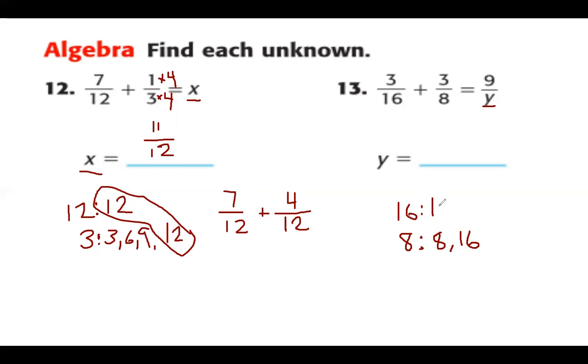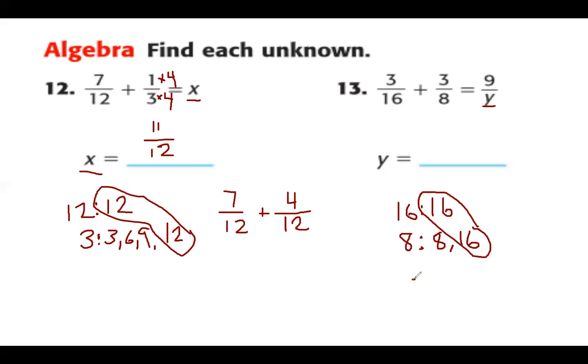Okay, so if my least common multiple is 16, I want you guys to think about, if I were to change this 8 to a 16, do I add my denominators when I get over here? No, my denominators always stay the same. So this is really all the work we have to do because they're only asking us for y. They already gave us the numerator, they just need the denominator.